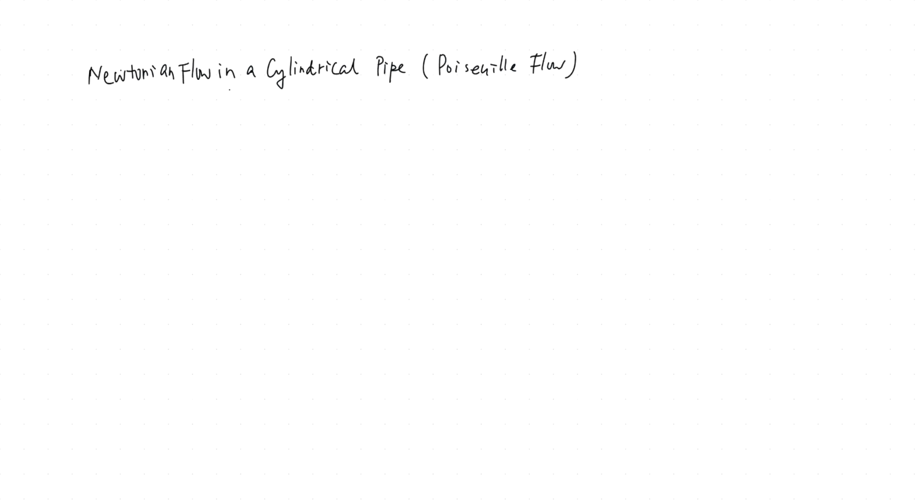In the last lecture, we derived the force balance equation for flow in a cylindrical pipe. Now let's look at the case that if the fluid is Newtonian, what can we do with it? Once you know that it's Newtonian flow, you basically know the constitutive relation.